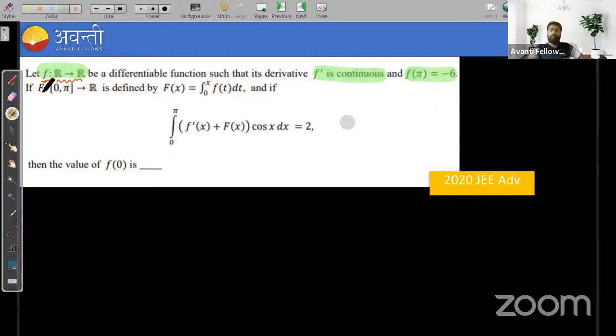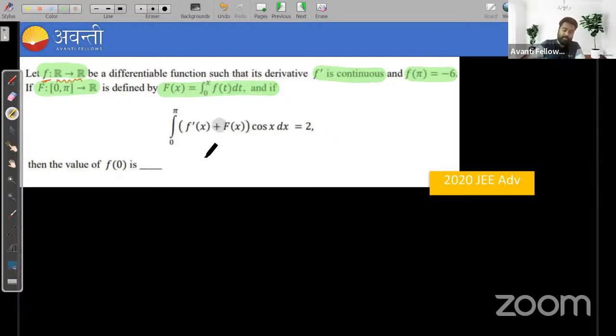Okay, f of pi is minus 6, and capital F, which maps the closed interval 0 to pi to R, is defined by capital F of x equals the integral from 0 to x of f of t dt, right?